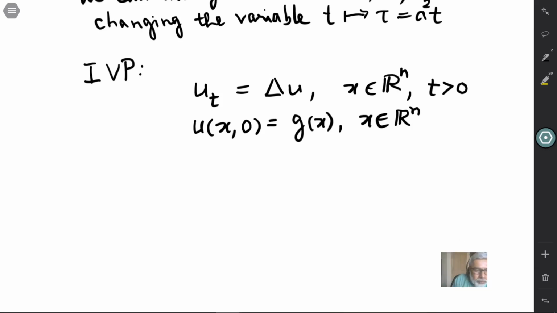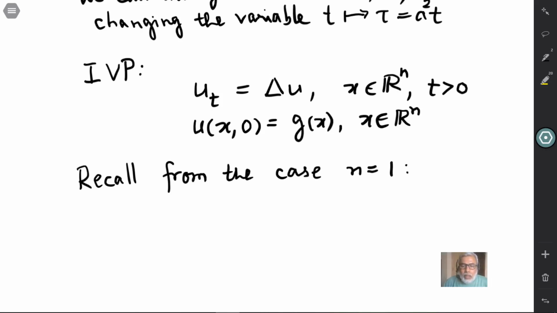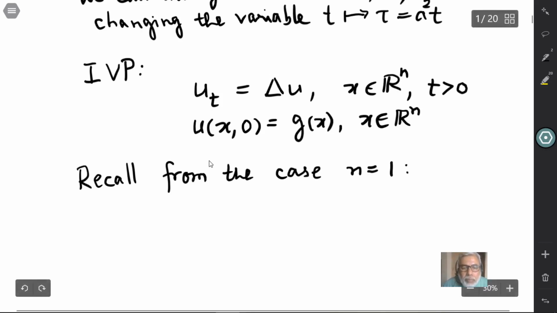So recall from the case n equal to 1, so this equation was derived.